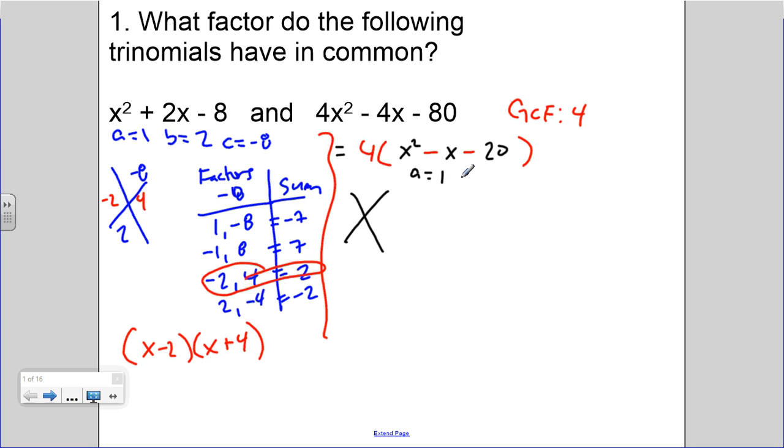A is equal to 1, B equals -1, C equals -20. So I'm looking for the factors of -20 that give me -1.